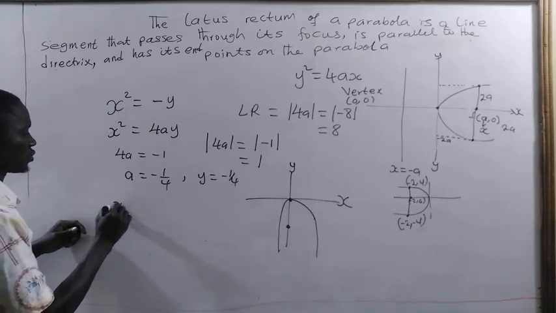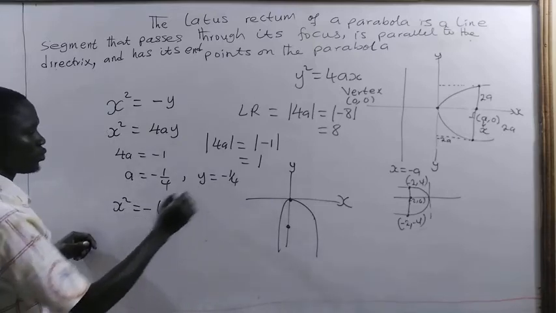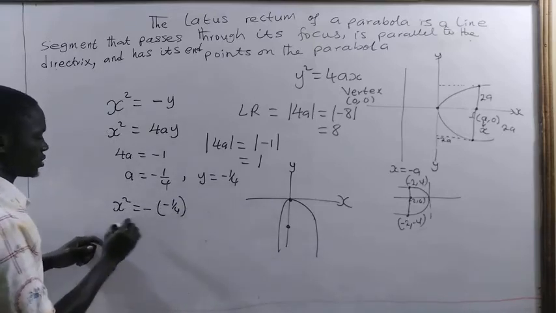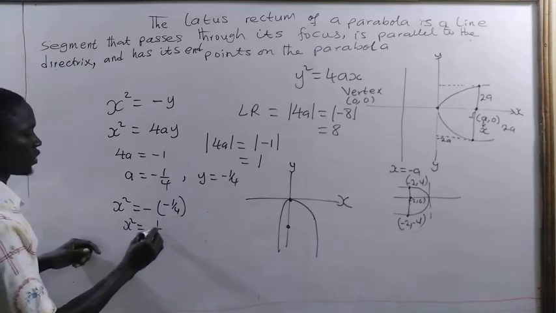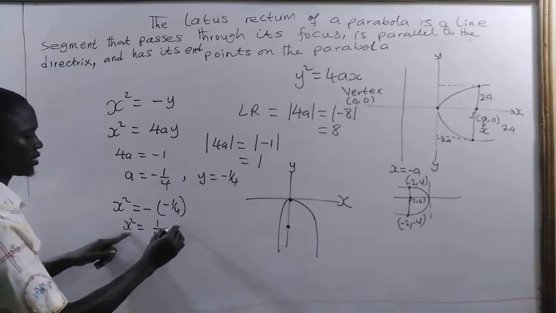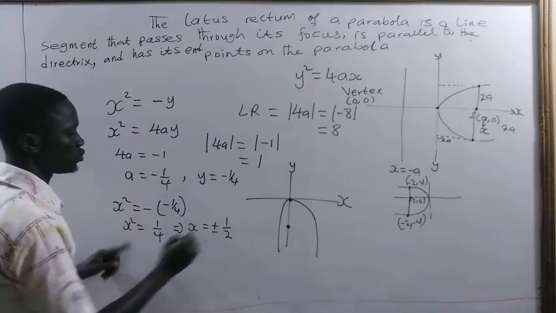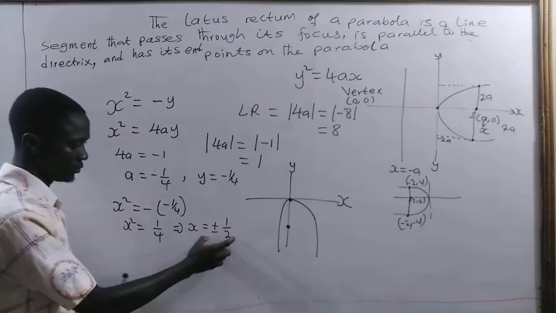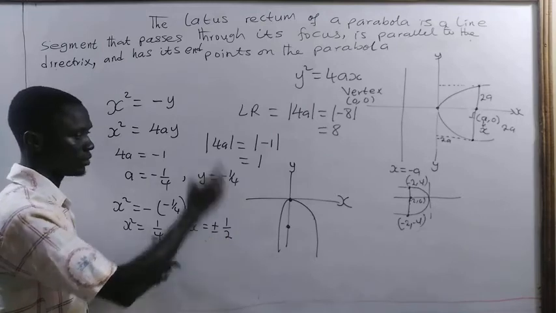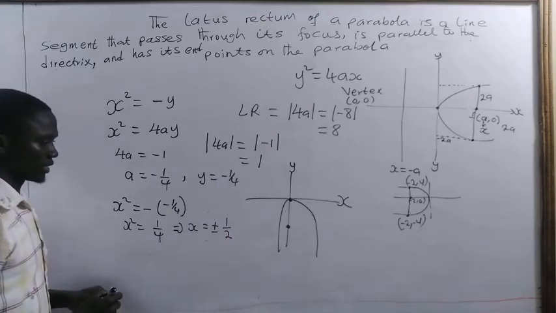So we take x squared equal to minus y, with y as -1 over 4. So you have x squared equal to positive 1 over 4. If you take the square root of this, you have x equal to plus or minus 1 over 2. So these are the endpoints. Now, how do we write it?